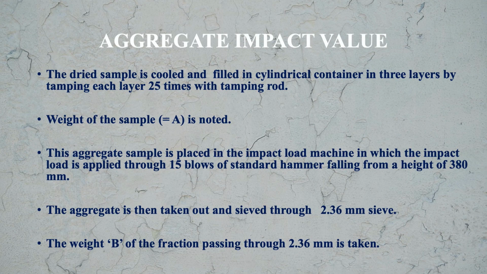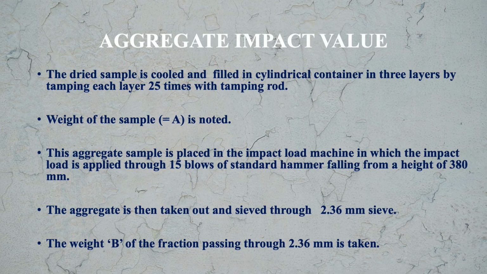The dried sample is cooled and filled in a cylindrical container in 3 layers, and each layer is tamped 25 times with the tamping rod. Now the weight of the sample is taken. Let us take the weight of the sample as A.